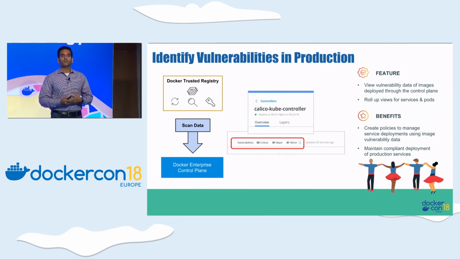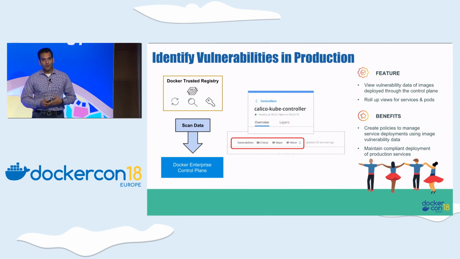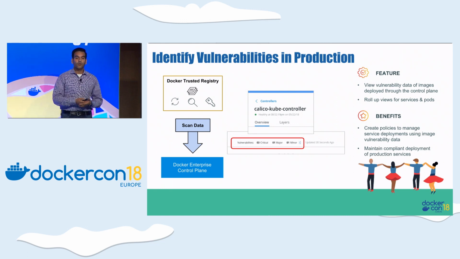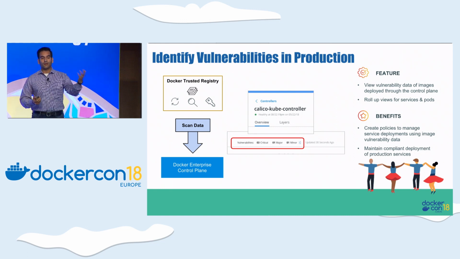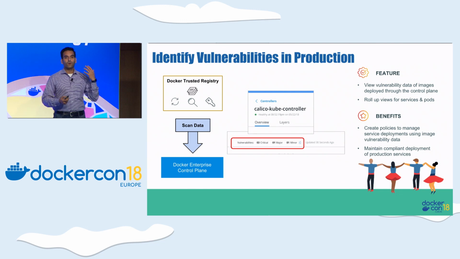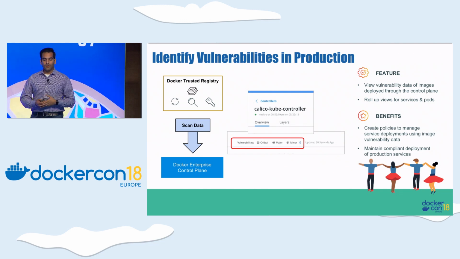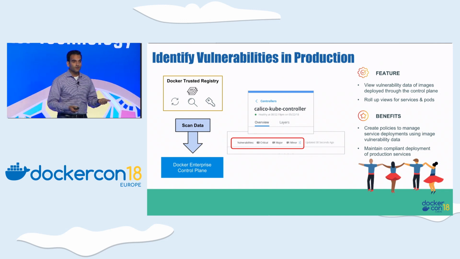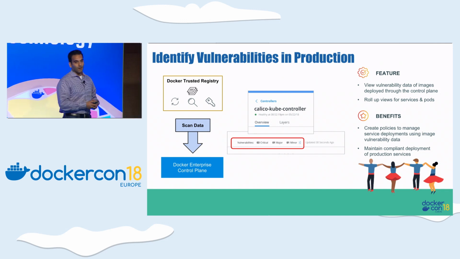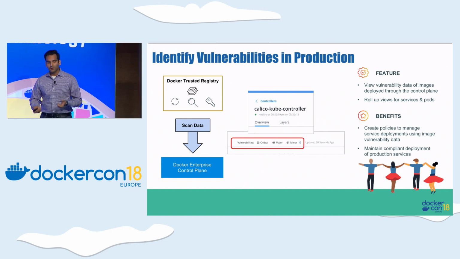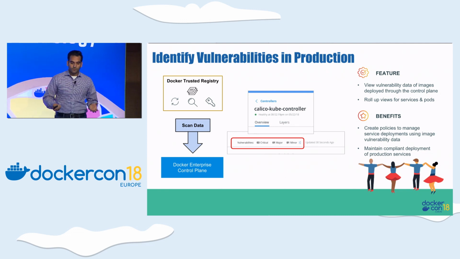So starting with Docker Enterprise 2.1, we have now added a capability where you can see in running images whether any vulnerabilities exist. You can view the vulnerabilities. You can roll up views across services, across pods, across controllers. So it's a very rich feature.